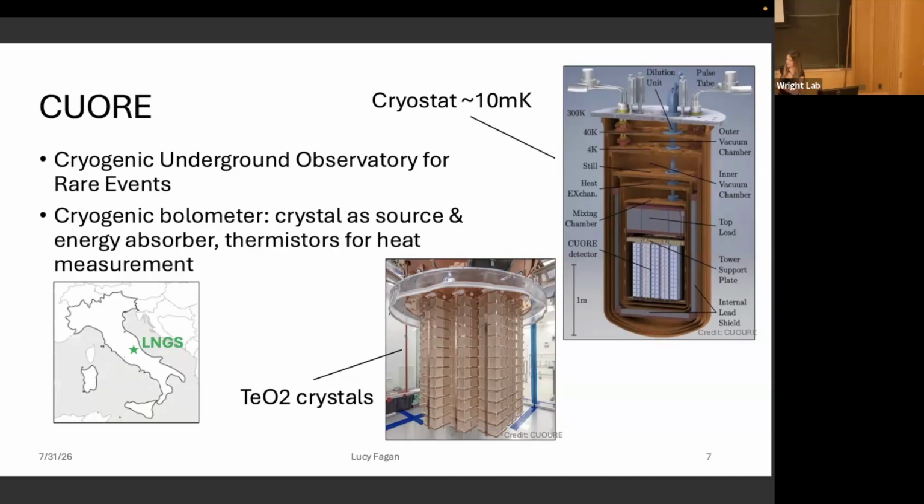And then you can see we also have our tellurium crystals, and the detector is made up of cryogenic bolometers. So we have our tellurium crystal, and it acts as both the source for the decay and the energy absorber, and it has a thermistor on top to make a heat measurement.